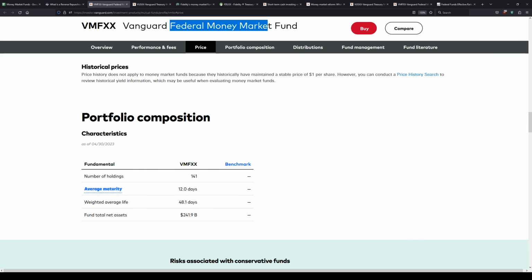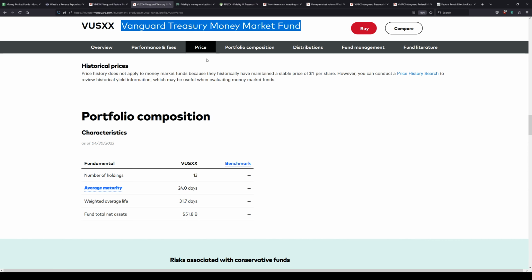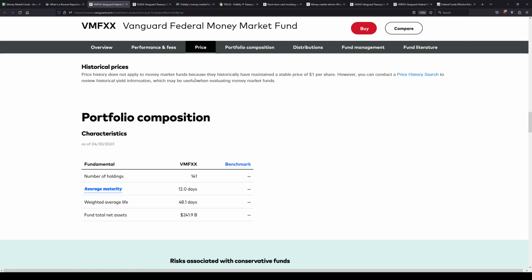So in this case, for the Vanguard Federal Money Market Fund, it has an average maturity of 12 days and a weighted average life of 48 days. Compare this to the Vanguard Treasury Money Market Fund, where the average maturity is 24 days and the weighted average life is 32 days effectively. Going back to the Federal Money Market Fund, what the difference between the average maturity and weighted average life is saying is that there's a higher variance of maturities within this portfolio.